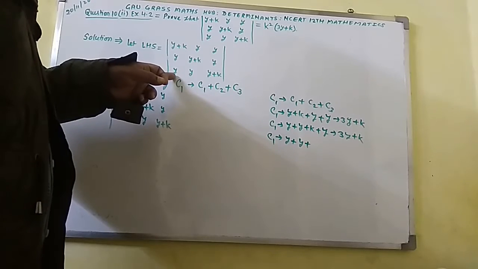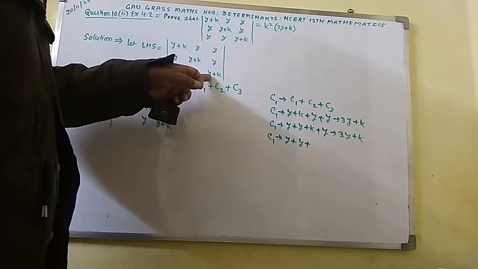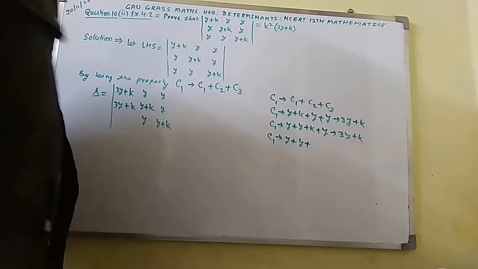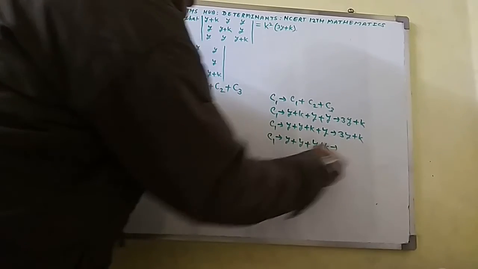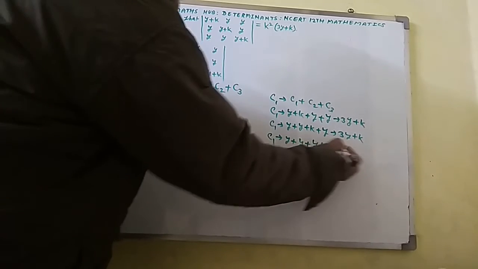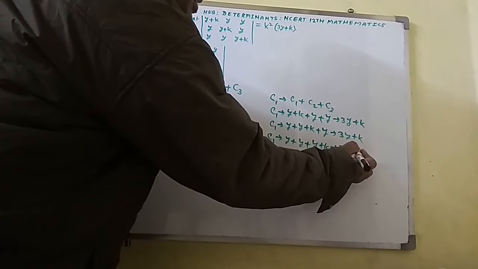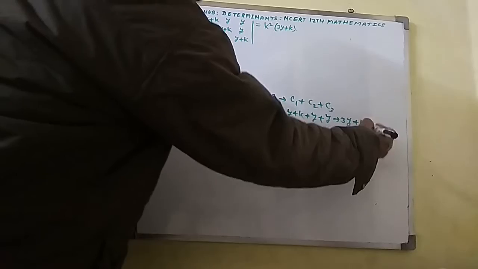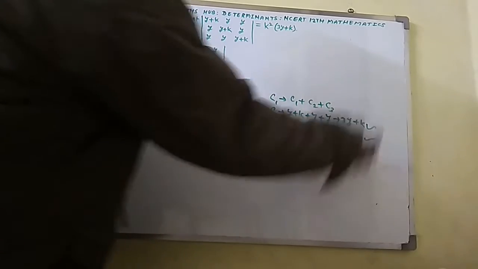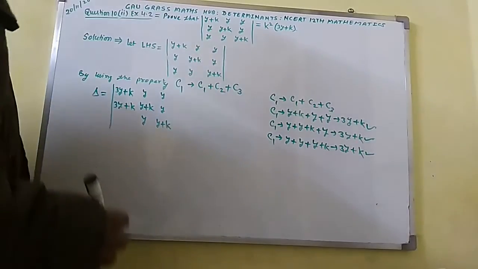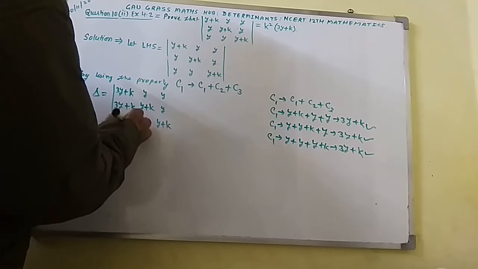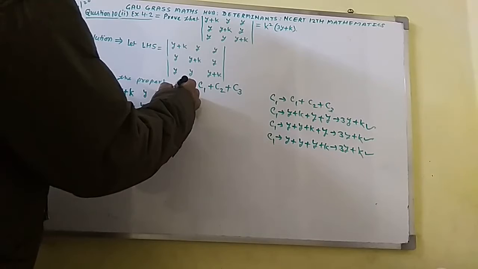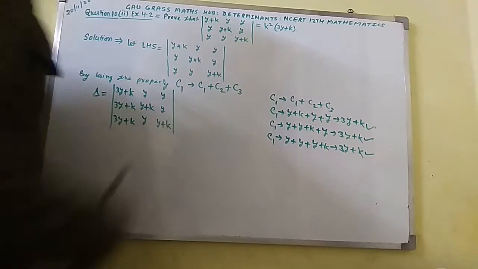The corresponding element of y in the third column will be y plus k. So here write y plus k. This comes out to be 3y plus k. So this one will be reflected in the first column here. So here write 3y plus k. Closing of the determinant by a vertical line I shall do.